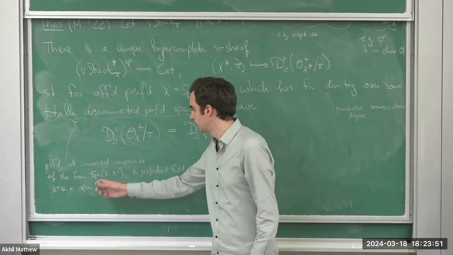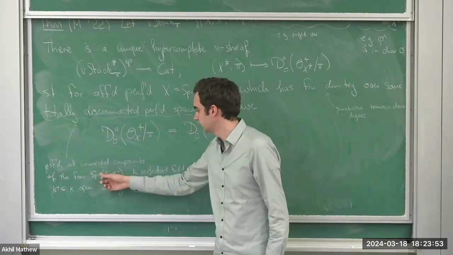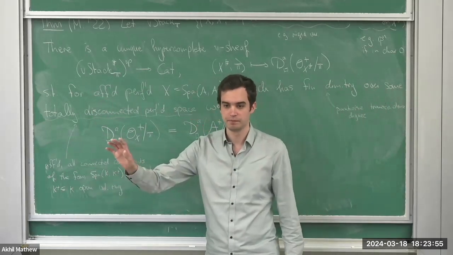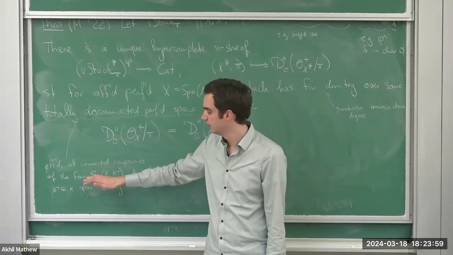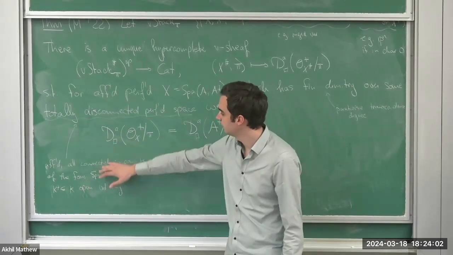Okay, so such a space is essentially just a chain of points. So you should think of it as some sort of analog of a valuation. So these spaces are extremely simple.